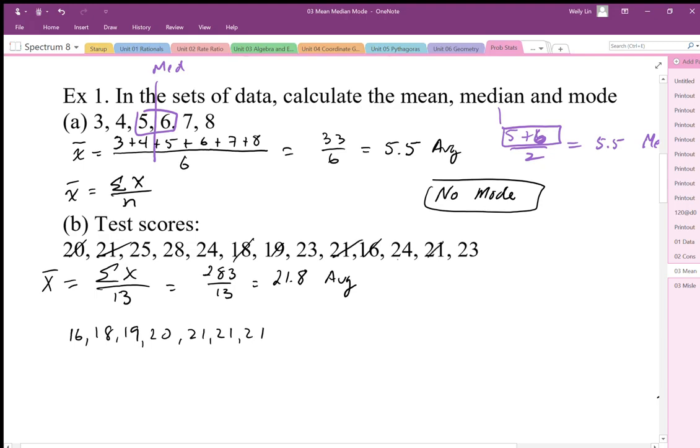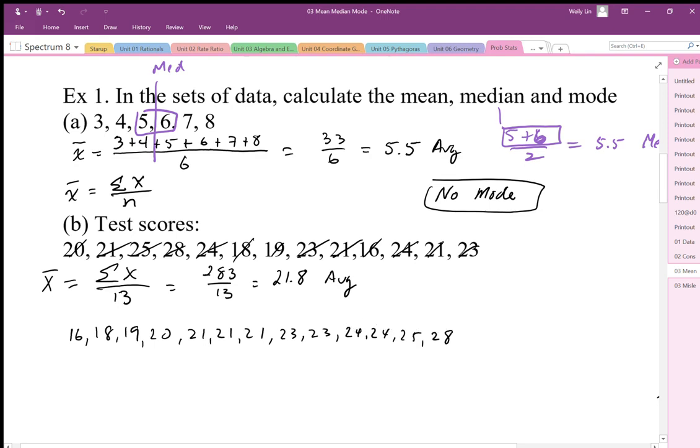Okay, 22, no 22s. 23, 23. 2 24s. 24, 24. And then 25. And then 28. Okay, so that's all my scores. Just count them up. 1, 2, 3, 4, 5, 6, 7, 8, 9, 10, 11, 12, 13.